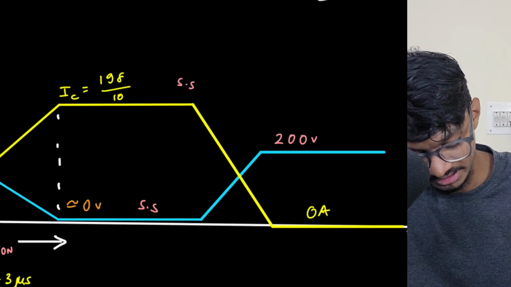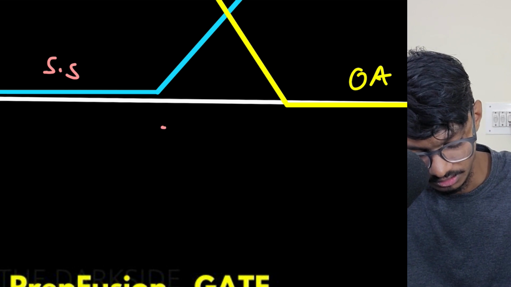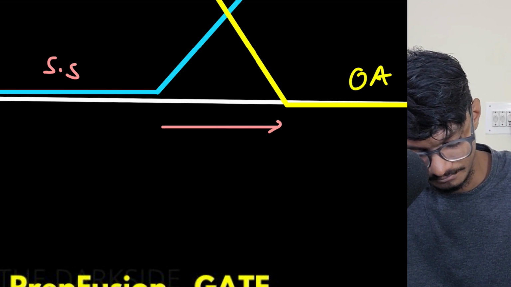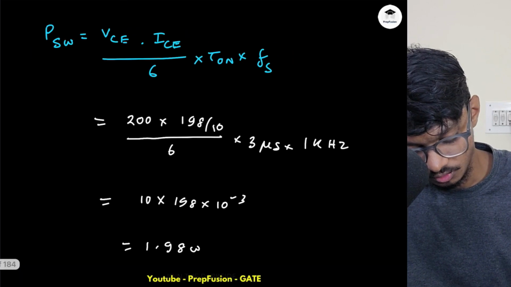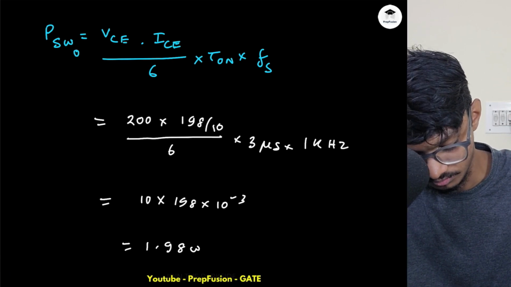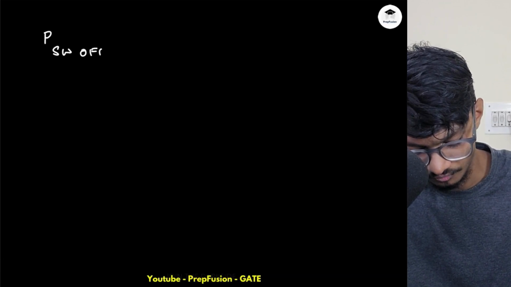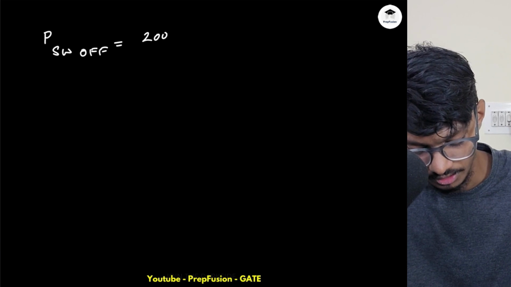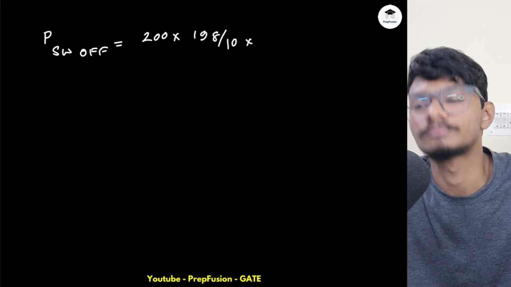So the formula will remain same, and this time the t off time is a bit lower. It is 1.2 microseconds. So here everything will be same, just it will be lower. This is P switching for on. This is P switching for off. So for off, this will be 200 into 198 divided by 10 into T off.